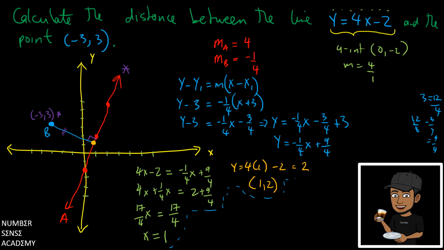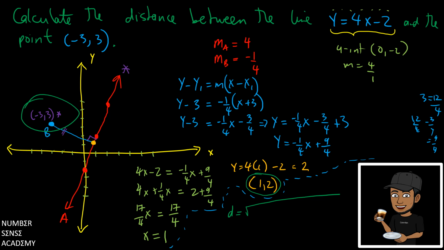I'm going to try and generate some real estate here to get this done. So I have the distance. Remember, the points I'm using are negative 3 and 3, and 1 and 2.